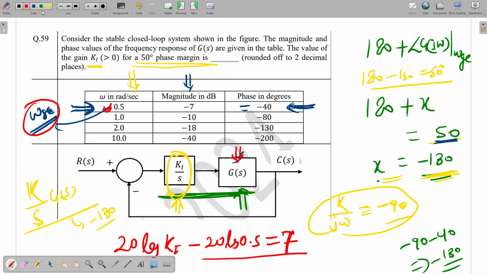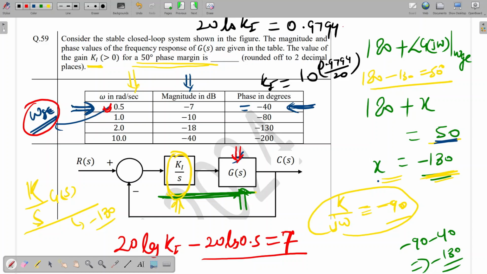So 20 log K is equal to 0.9794, and so K will be equal to 10 to the power 0.9794 by 20, which is 1.119.